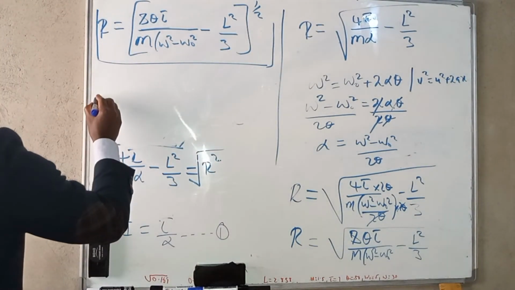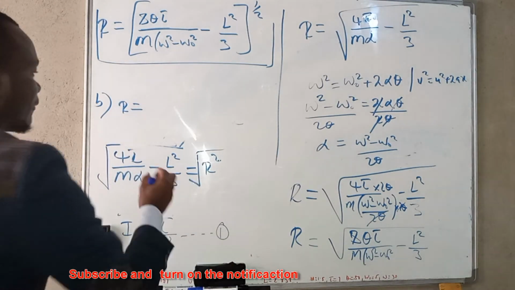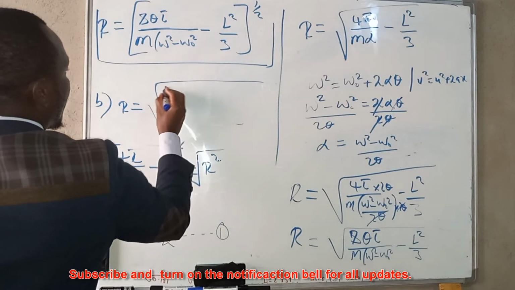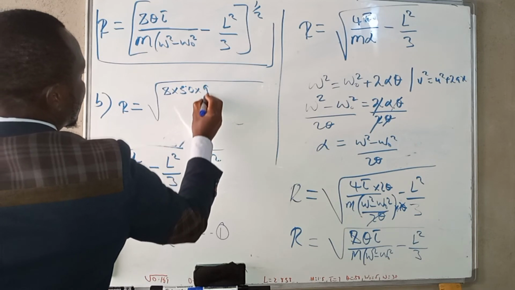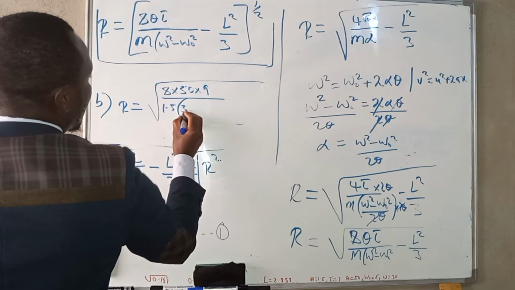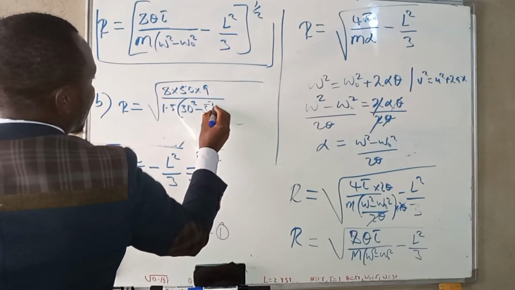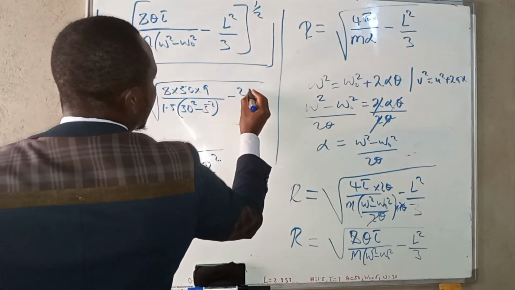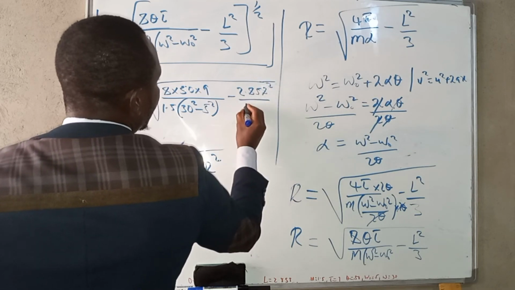Now, for the second part, finding R, it is just a matter of putting in the values. We have 8, the theta that we have is 50, the torque is 9.8 over mass 1.5, final angular velocity 30 squared minus initial 8 squared, minus L, 2.858 squared over 3.